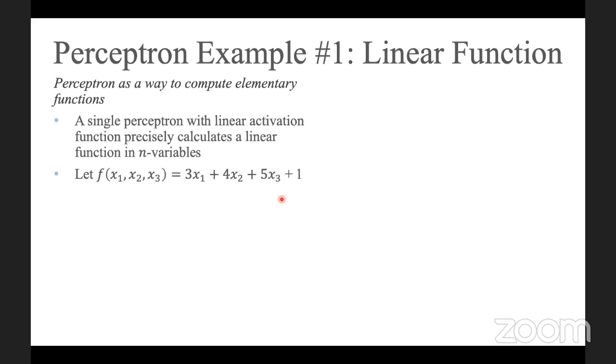We are using a perceptron to compute an elementary function, which is a linear function. Suppose we have 3 variables, x1, x2, x3, and we want to compute this thing. We can also generalize to n variables easily. Can anyone tell me what will be the weights and biases to create a perceptron for this function?